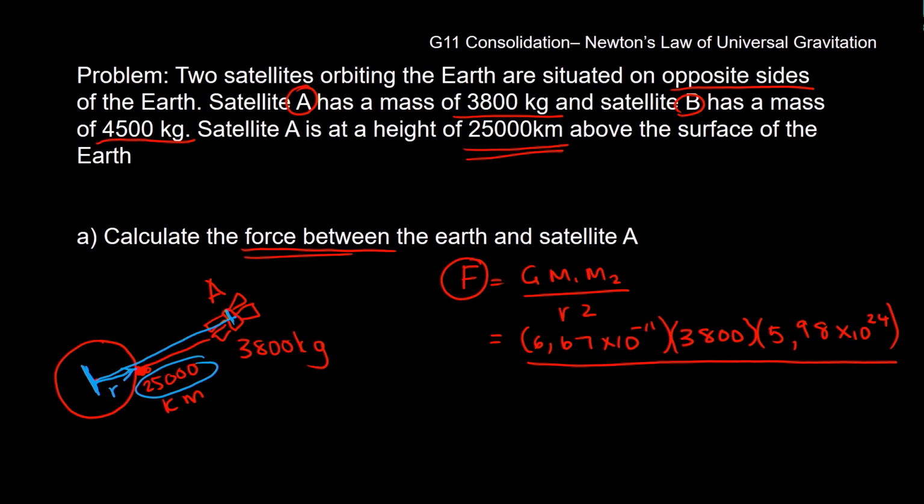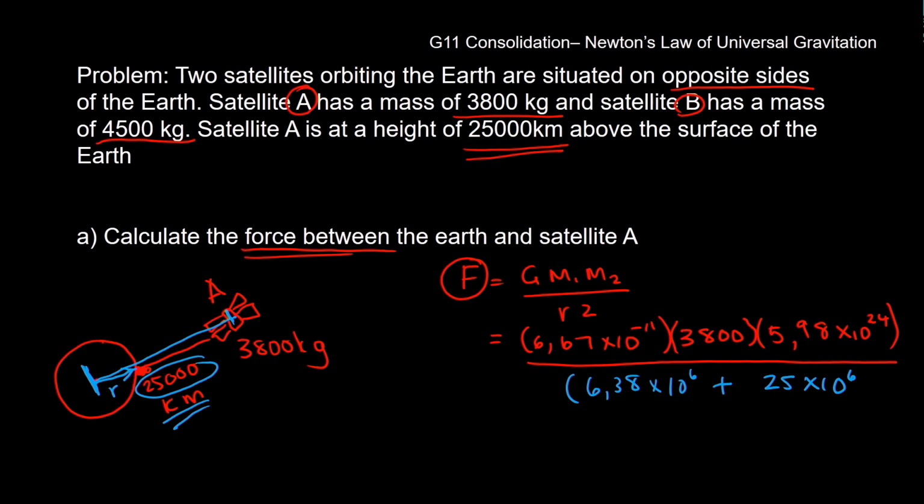So the radius of Earth from the data sheet is times 10 to the 6 plus, now I have to change the kilometers into meters, remember, so I'm going to times by 1,000, so this would be 25 times 10 to the 6 meters.